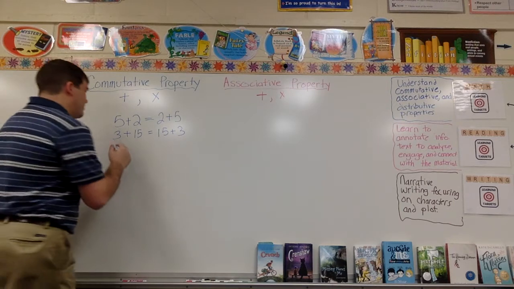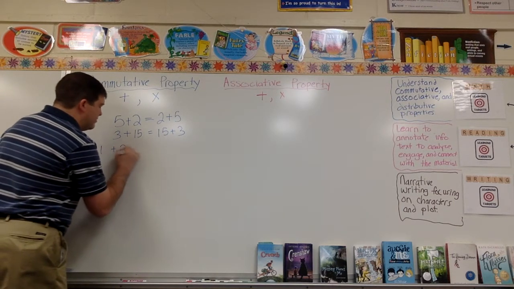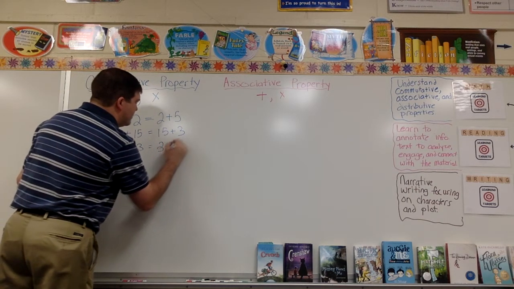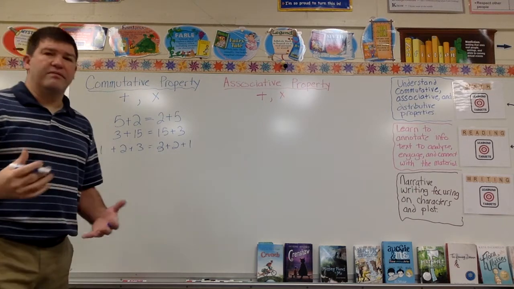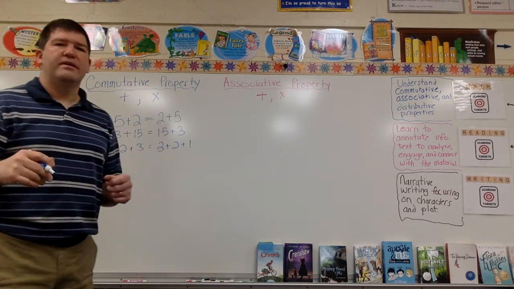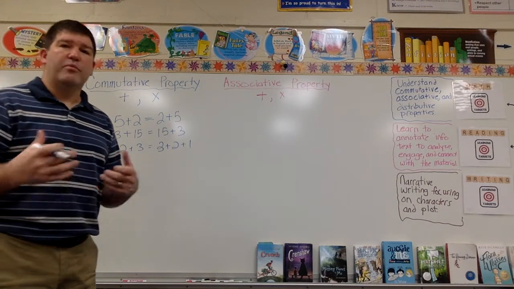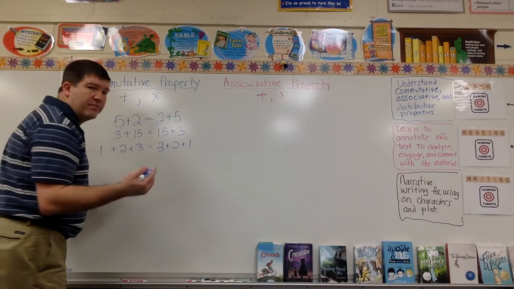You could also do 1 plus 2 plus 3 equals 3 plus 2 plus 1. That's commutative. Doesn't matter the order, but it's the same numbers, and you are going to add them or multiply them together.